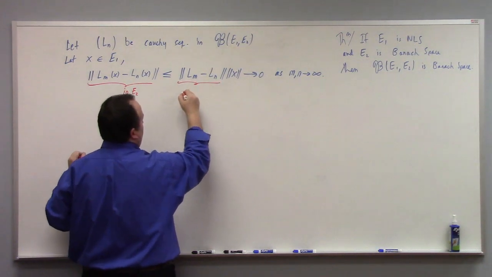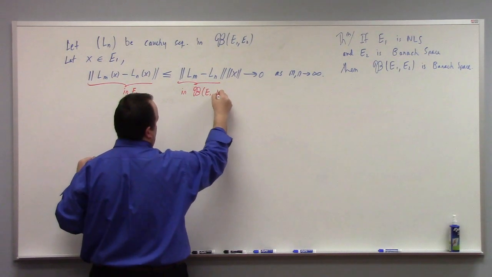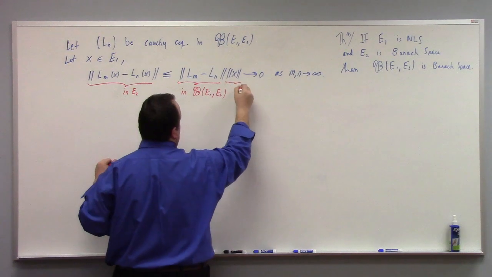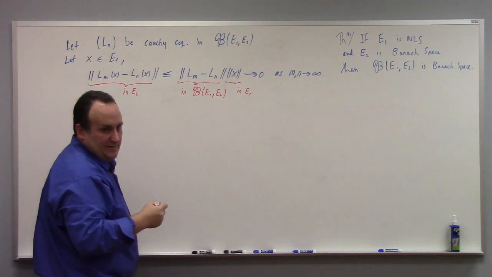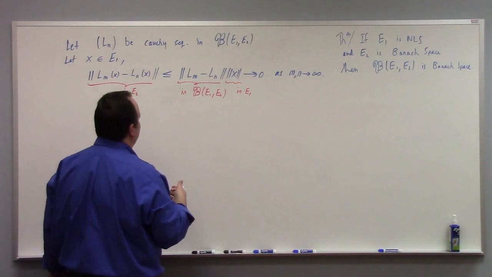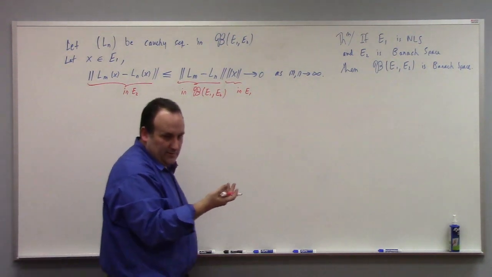This is the norm in here, which we're just now defining in the last theorem. And this guy here is in E1. There's a lot going on here, so I think that's reasonable.